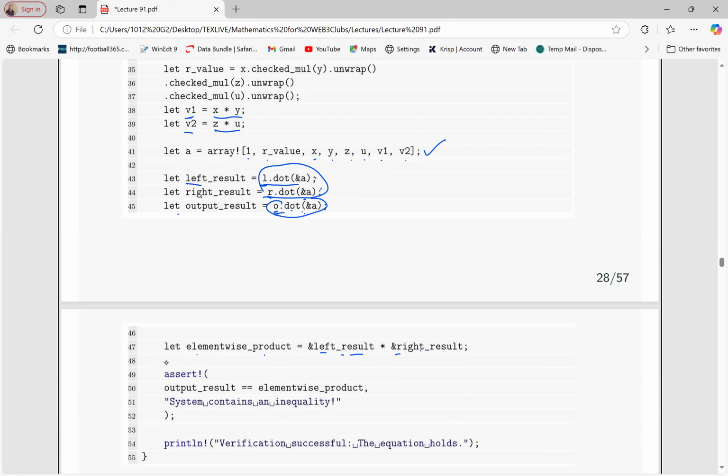I call this the left result times the right result, and I want this to be called element-wise product. And then I just want to see whether the element-wise product equals the output result, which was defined here. You don't need to do all this; you can summarize all this into one. I just wanted to go step by step.